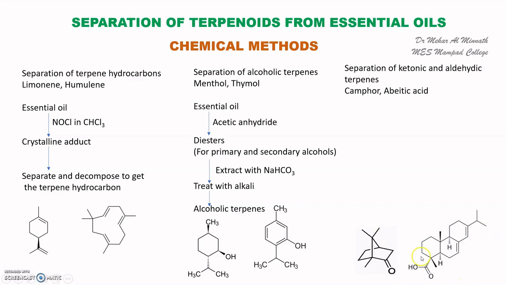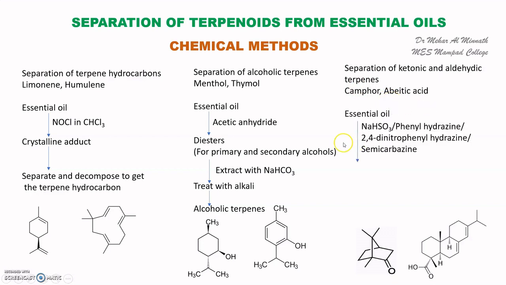So the carbonyl group in terpenoids containing carbonyl groups can be separated by this method. How do we do that? Take the essential oil, treat it with either sodium bisulfite, or phenyl hydrazine, or 2,4-dinitrophenyl hydrazine, or semicarbazide. You get the corresponding adduct.